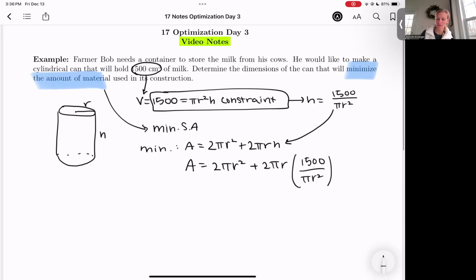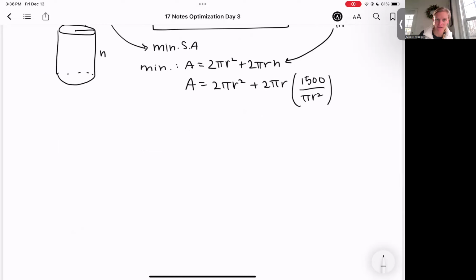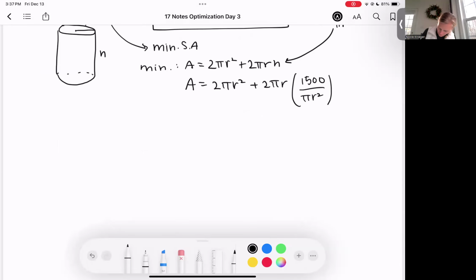Okay, now remember, we're going to try and find where this surface area is minimized, so we're going to need to take a derivative. Let's simplify things before we do that. So one of these radiuses is going to cancel out, and the pi is going to cancel out. So my surface area formula will be 2 pi r squared plus 2 times 1,500, which gives me 3,000 over r, which is r to the negative 1.